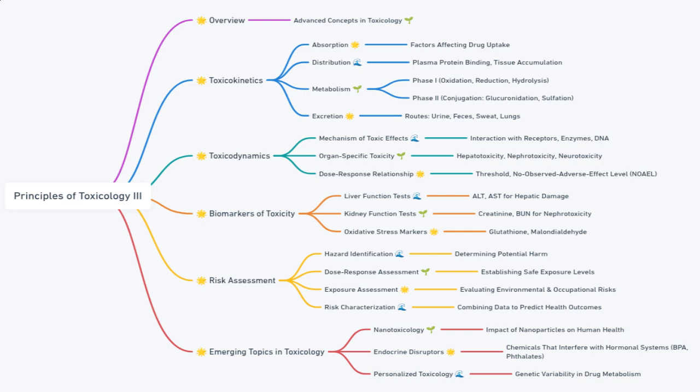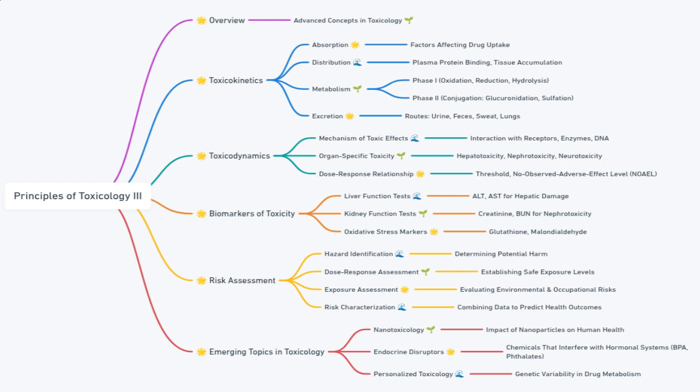So, prevention of absorption of a toxicant by, let's say, ipecac or charcoal, and increasing the excretion of the chemical by administration of an osmotic diuretic or alteration of the pH of the urine. That's one example of dispositional antagonism.